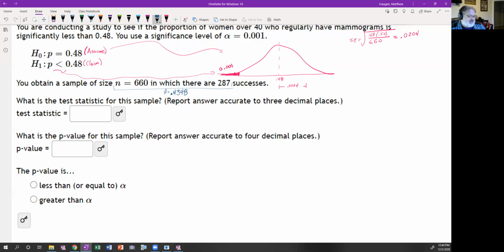Now, if we want to find that test statistic, we can do it like we did in the first problem, or we can do it like we did in the second problem. Which one do you want me to do? Second problem. Second problem? Okay.